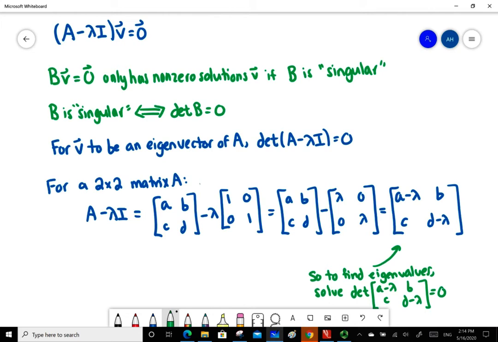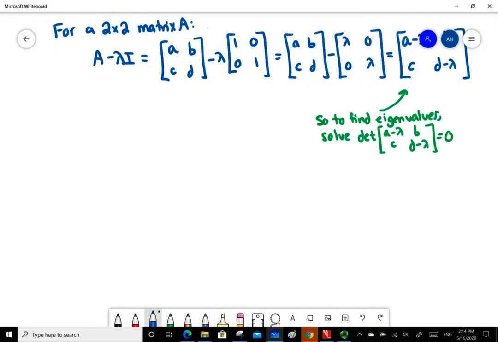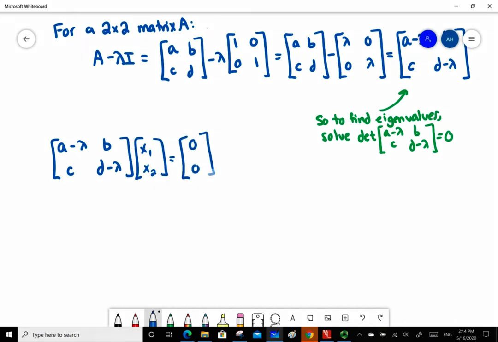Now once we've found an eigenvalue lambda, the eigenvectors corresponding to lambda will be the non-zero solutions V to (A minus lambda I) V equals 0. So for 2 by 2 matrices, the solutions to [A minus lambda, B; C, D minus lambda] times [x1; x2] equals [0; 0].